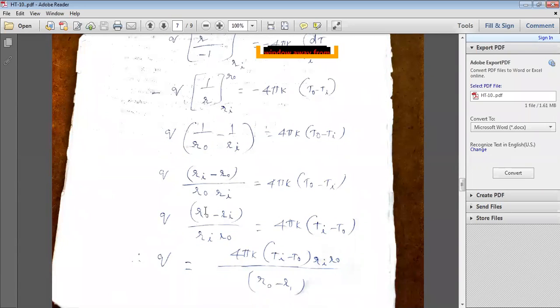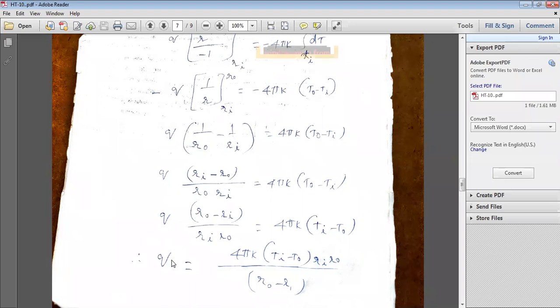Finally, Q into (Ro minus Ri) divided by (Ri into Ro) is equal to 4 pi K into Ti minus To. Temperature Ti is more than To, so to have a positive value we are converting like this. That's all. Here Ro is greater than Ri, that's why Ro minus Ri.